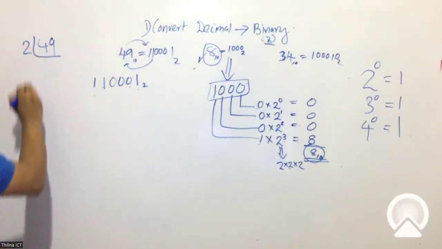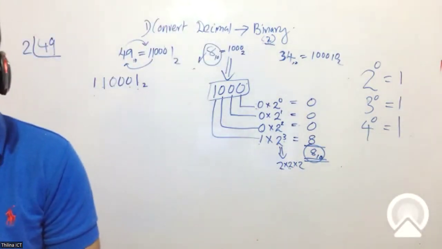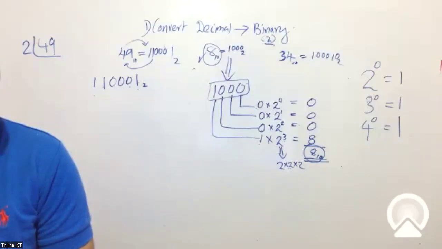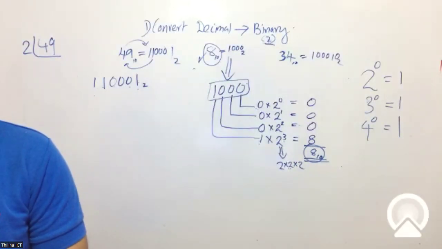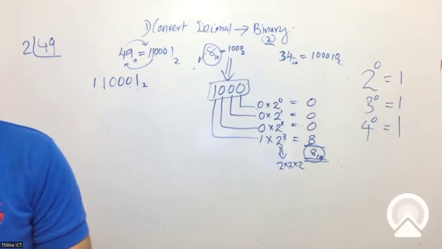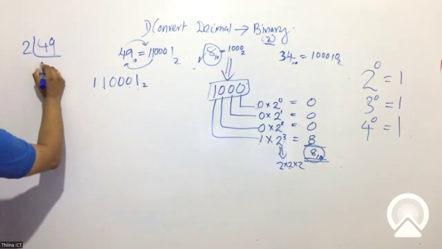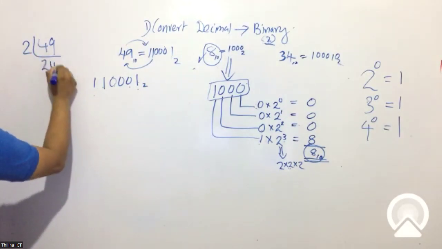49 divided by 2. So you can see the board, right? Give me 1 second. Let's divide by this one. 24, that's 48.